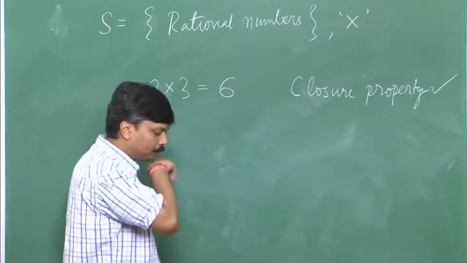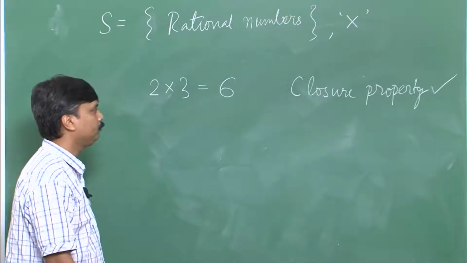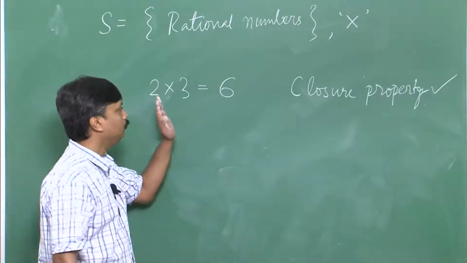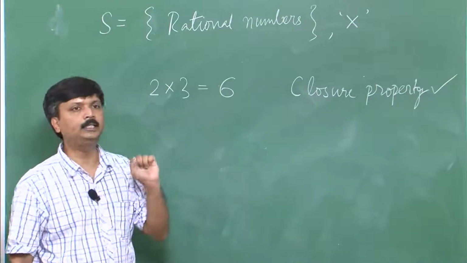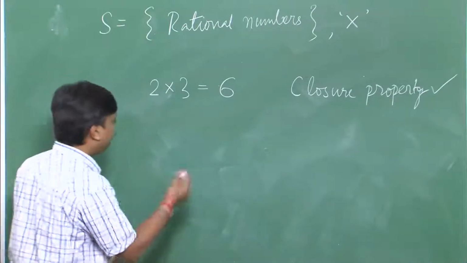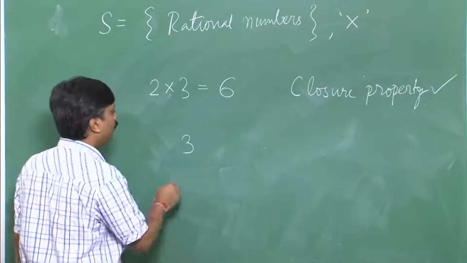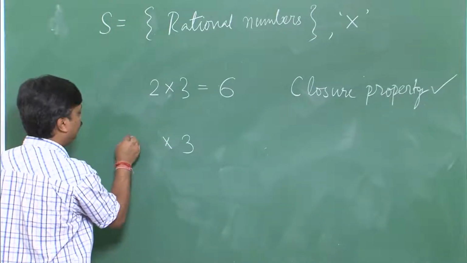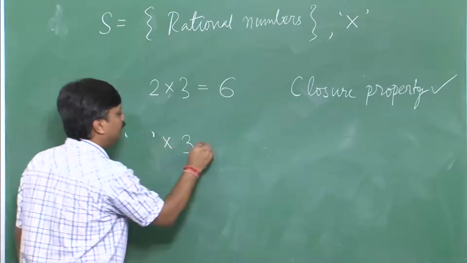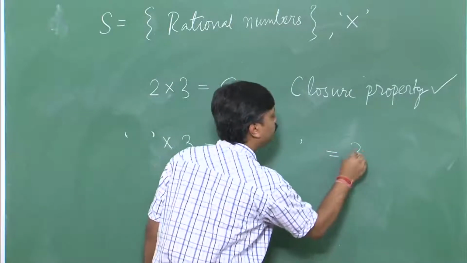Okay. Now is there any identity element? It is very easy to find out, right. Identity element will not change that element with which it is being combined, and it will commute with that. So if I take any element, say I again take 3, can I have something, I am putting it under a quote, I am not writing what it is, such that 3 into this equals 3?